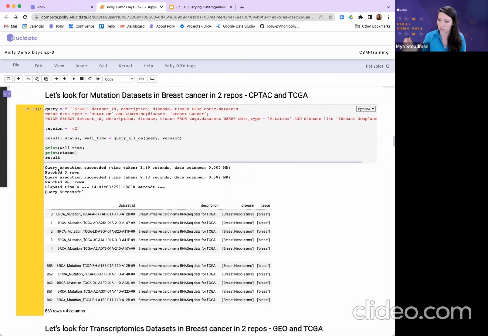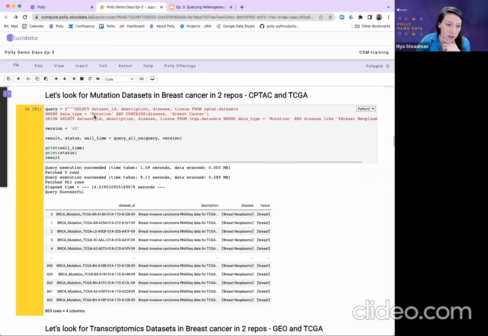But let's start really basic, but still pretty cool. As Manimala said in that last slide, because all of the repositories are stored into a single standardized data schema, we've been able to very easily search across multiple repositories with not a lot of work. And so what you're looking at here is I'm looking for mutation data sets in breast cancer across 2 repositories. So we're going to look at CPTAC and TCGA.